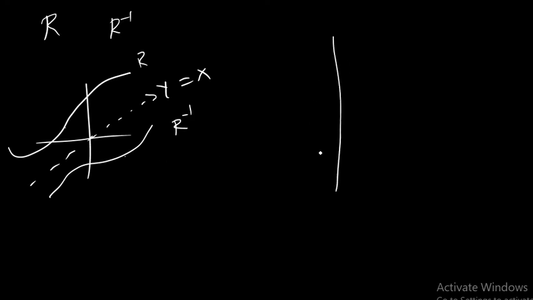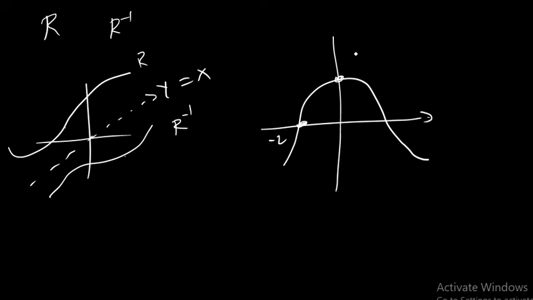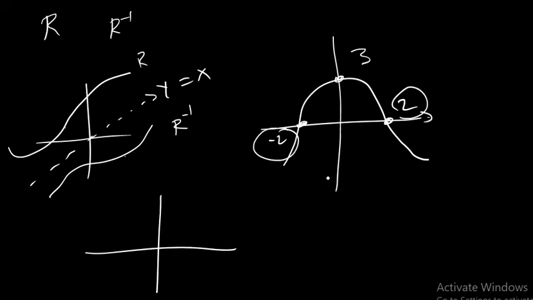We were even practicing, for example, if the graph of a function looks like this, where one passing point is negative 2, another is 3, and another is 2. How do we draw the inverse of this function? First of all, the points -2 and 2 on the x-axis, you have to find on the y-axis, 2 here and -2.